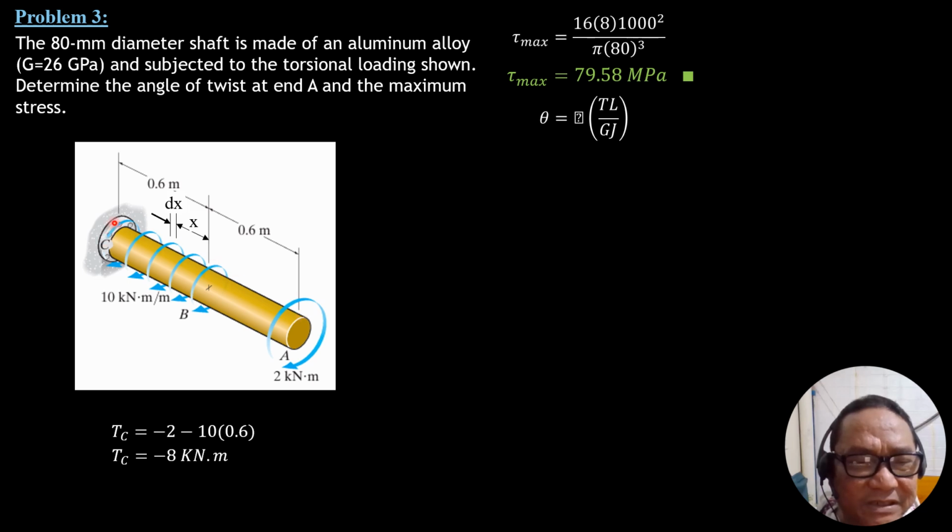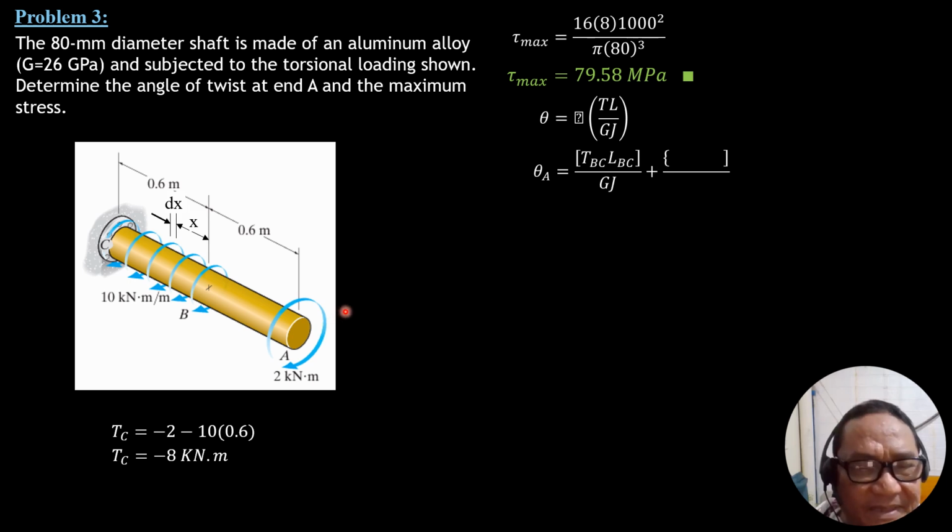So first, remember, we have here a torque that is varying at 10 kilonewton meter per meter. So we use integration for that part. Torque, which is 10x plus 2, but this is treated as positive.